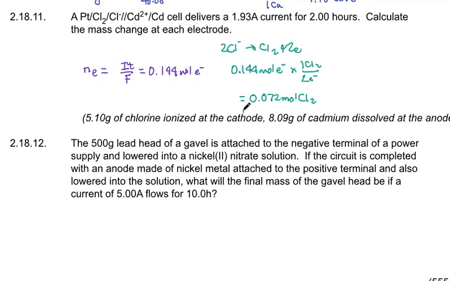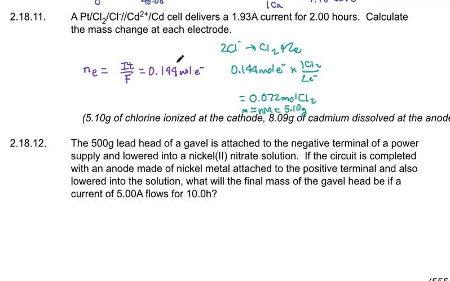Mass of chlorine, m equals n times M. Number of moles is 0.072, times the molar mass of chlorine, 70.90. 35.45 for 1 chlorine atom, but there are 2 of them. So we're going to make 5.10 grams of chlorine gas.